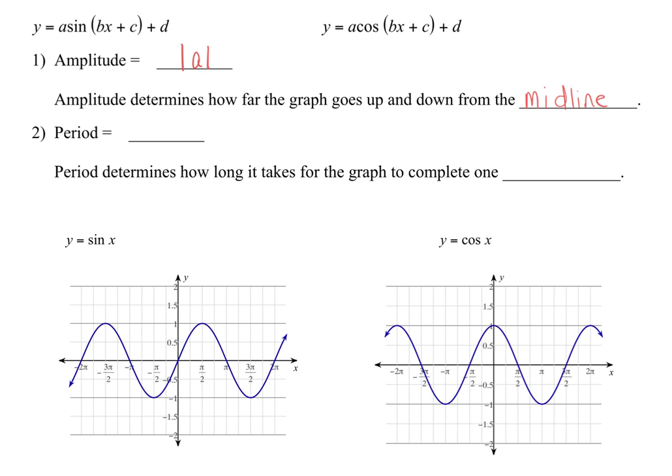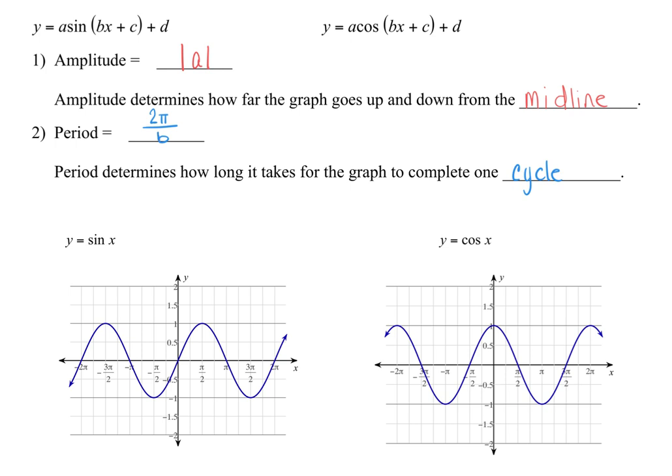Period. Period is how long it takes for the graph to complete one cycle. And when you're looking at your function to do the period, your shortcut is just to take 2 pi, which is your standard cycle, and divide it by b.